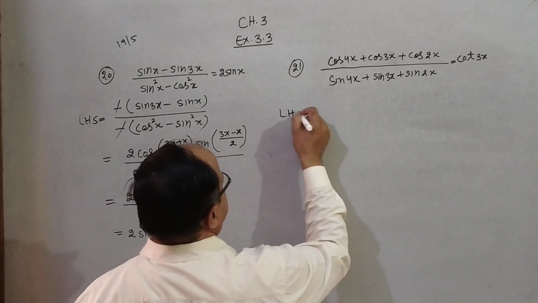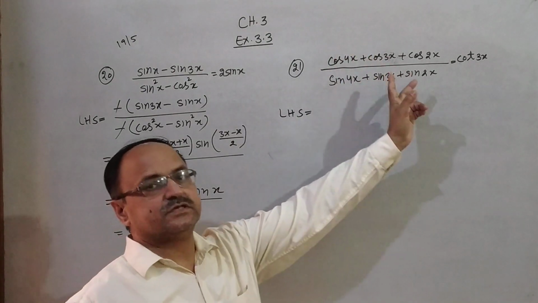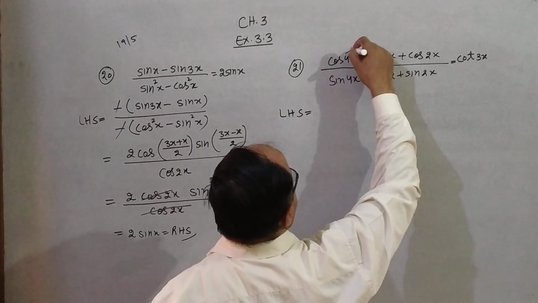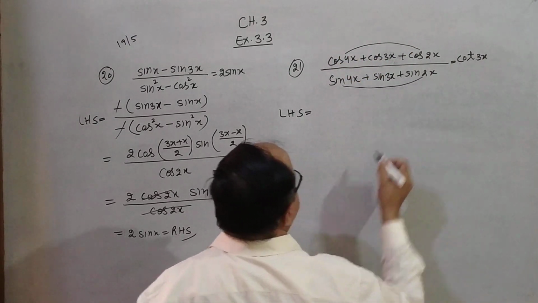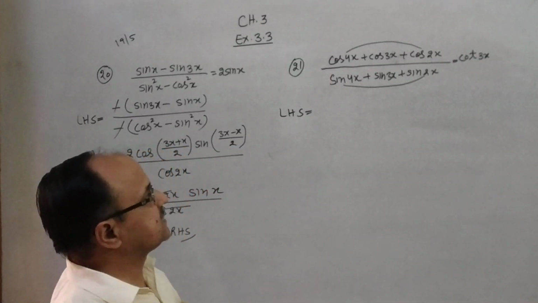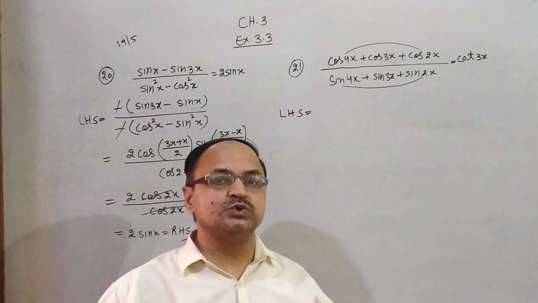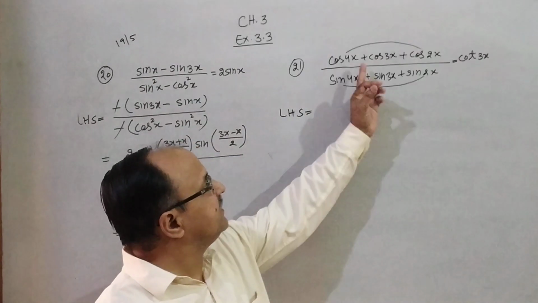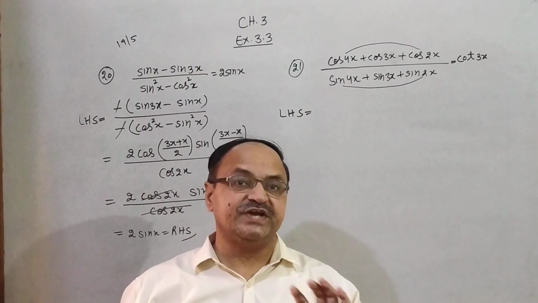Left hand side. To solve this question, firstly rearrange the terms. You can write cos 4x plus cos 2x and sin 4x plus sin 2x, because if we apply the formula in these two terms, then x plus y by 2 means 4x plus 2x by 2, and 3x.